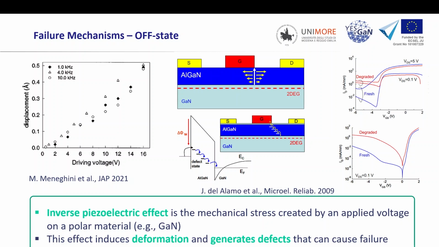Just by applying a voltage, you can cause some displacement. Because these stacks are all one on top of the other, this will sort of stretch, and this might cause some defects that will carry leakage currents. This was shown very nicely here: the graded devices had much higher leakage currents because of the degradation caused by this inverse piezoelectric effect. And this is something intrinsic to the device because of the presence of the polar charges.